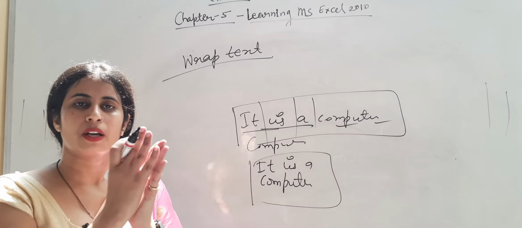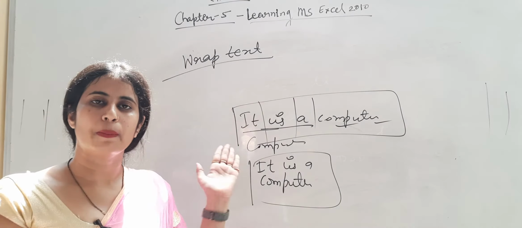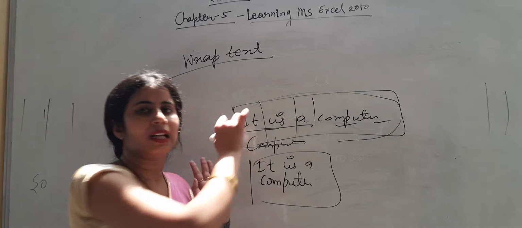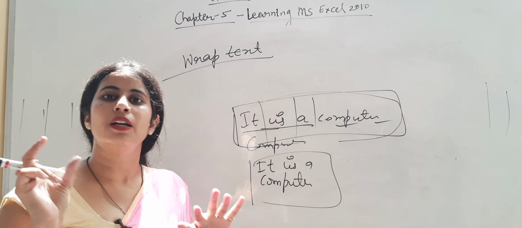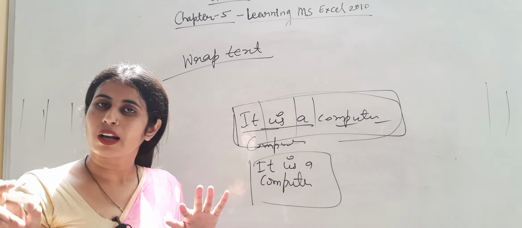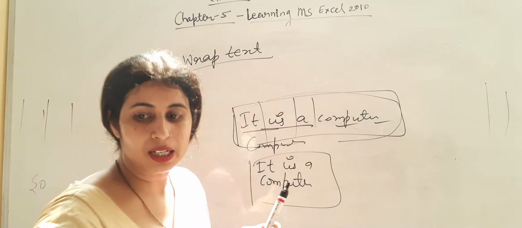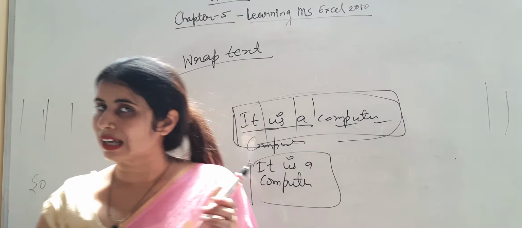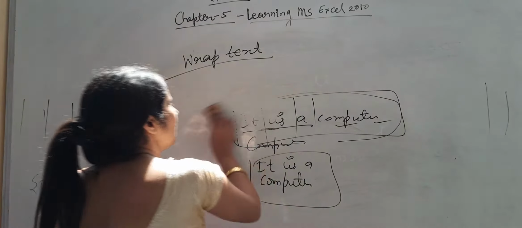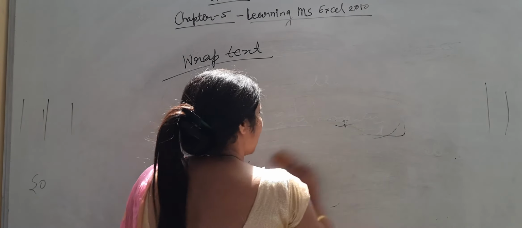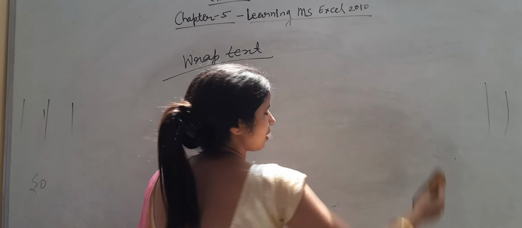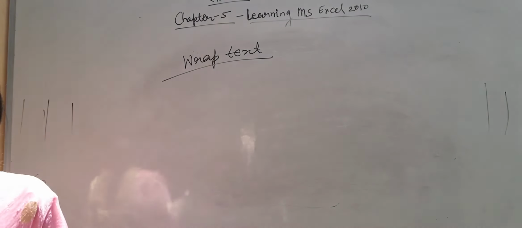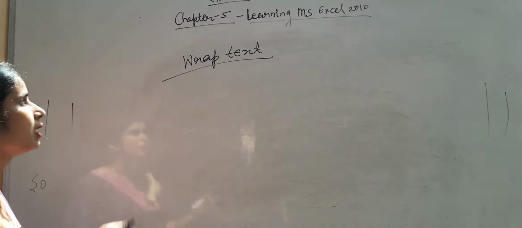Here we have combined all the texts that are near each other. The ones we have selected will be wrapped into one row-column intersection, meaning a single cell. You are able to combine the different text that is in different cells. Okay, this is about wrap text.